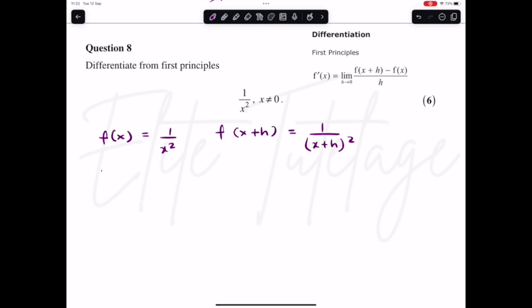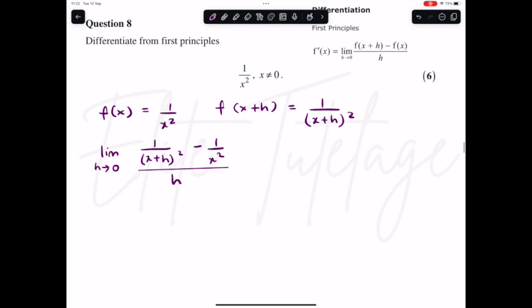So lim h tends to 0, [1 over (x plus h) squared minus 1 over x squared] over h, and that just gives me [x squared minus (x plus h) squared] over [(x plus h) squared times x squared], divided by h.